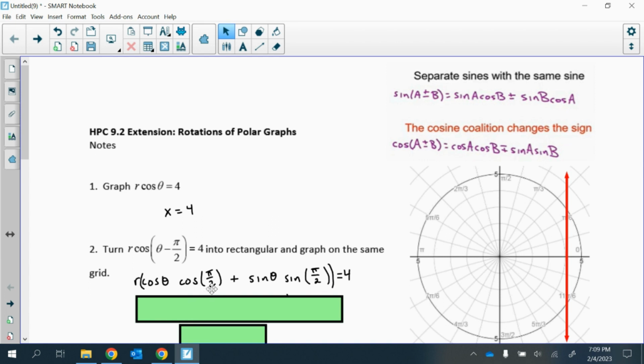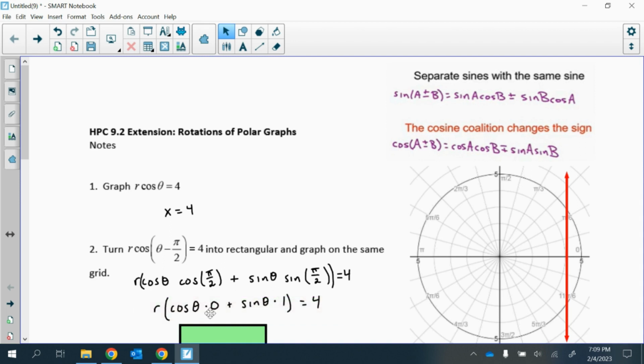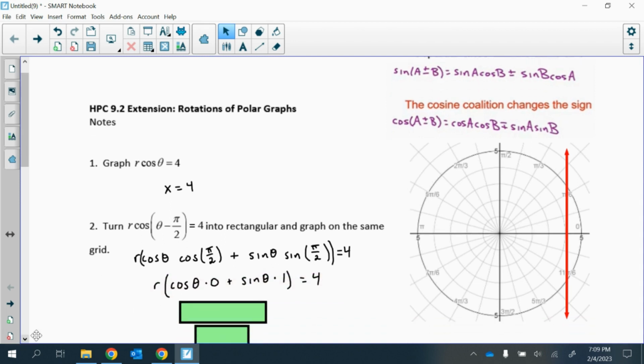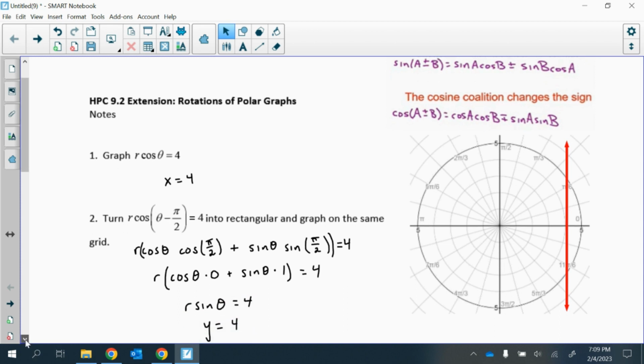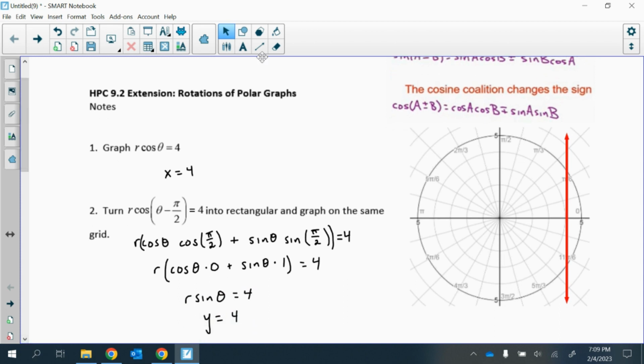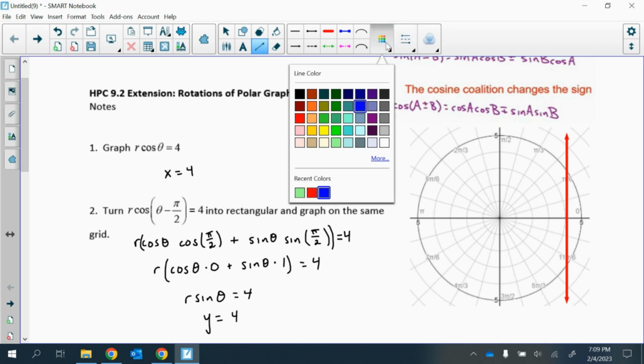Cosine of pi halves is equal to 0, and sine of pi halves is equal to 1. So when I simplify this, I end up with r sine theta equals 4, which is the same thing as y equals 4.